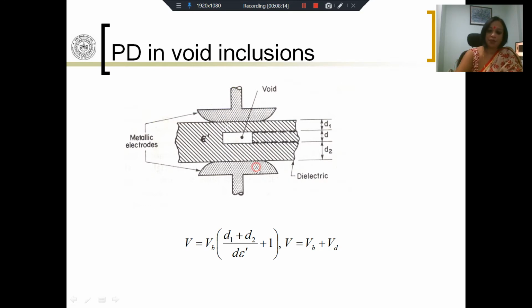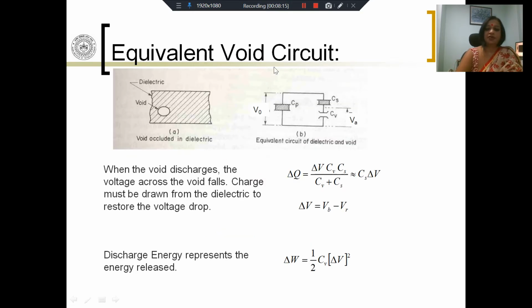Now, what will happen in this scenario? First, I will draw and consider an equivalent void circuit. So this is my void. I have some material in series with the void between the metallic electrodes. What we had not considered on the previous slide is that there is a considerable amount of material in series with the void, and the voltage across that part of the material will not be divided up with the void.